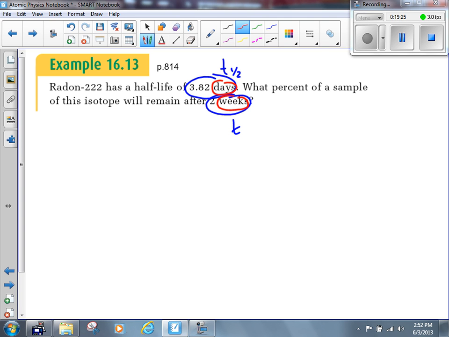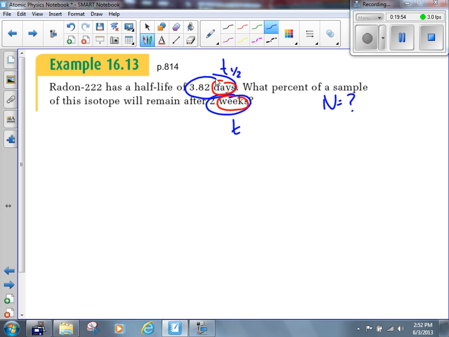What percent of the sample remains after 2 weeks? What am I looking for here? There's 3 variables that I don't have identified there. It's little n, big N, or big N sub 0. Which one is it that I'm looking for? What percent remains after 2 weeks? Big N. Yes, it's big N. Anybody want to tell me what big N sub 0 is?